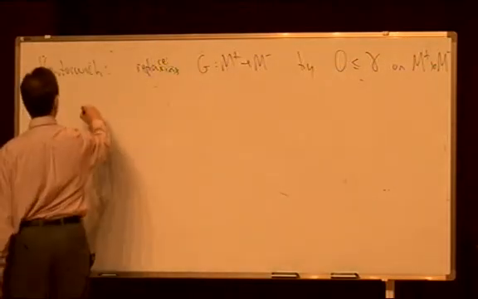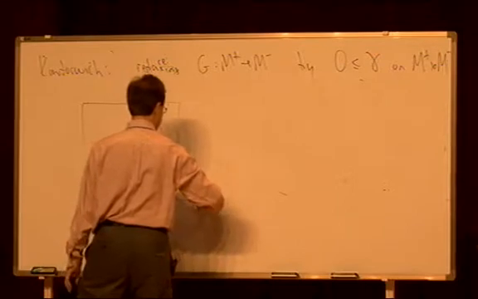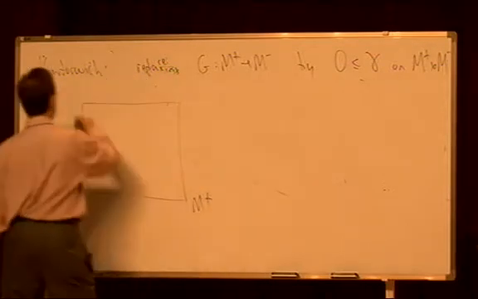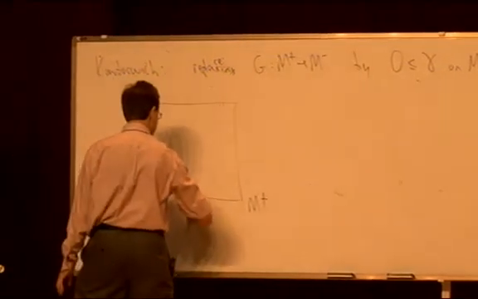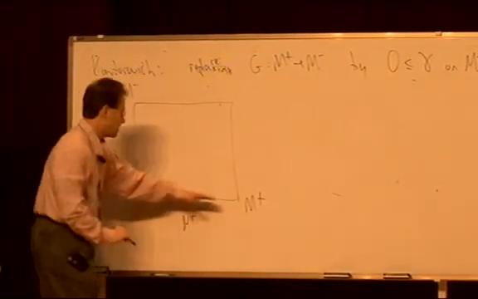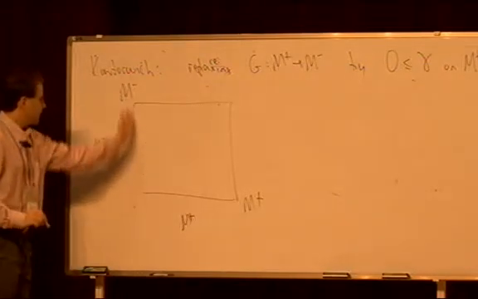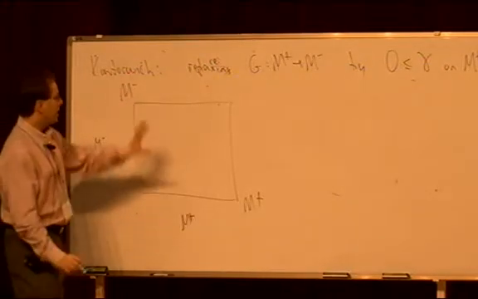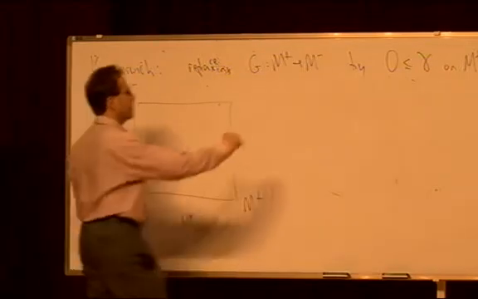And so the picture is that I have, on the horizontal I have mu plus, and on the vertical I have mu minus. I have a certain distribution mu plus of mass that I want down here, and a certain distribution mu minus of mass that I want over here. And I want to try to put some non-negative measure gamma on the joint space.